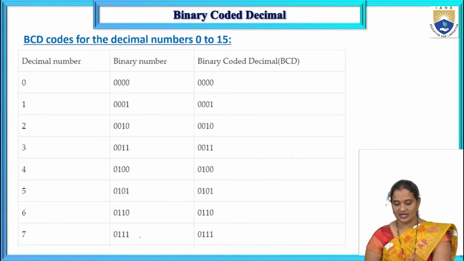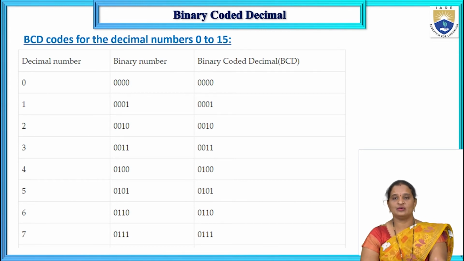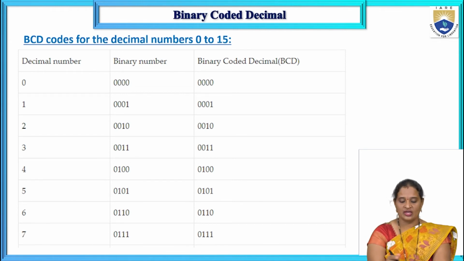Now I will be writing the BCD code. I hope you can understand the difference between a binary number and binary coded decimal. Only decimal digits from 0 to 9 are coded into binary using BCD, so the remaining 6 combinations are unspecified.